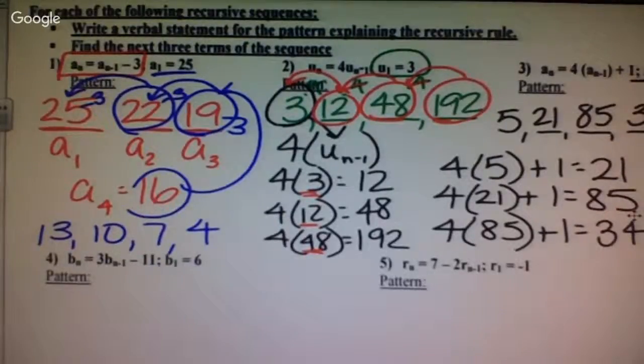So if this is u sub n, I need to go backwards 1 space and multiply by 4 to get that number. I'm so lost. I know you gotta go back one. That's really all you need to know about it: it tells you to go one space back.